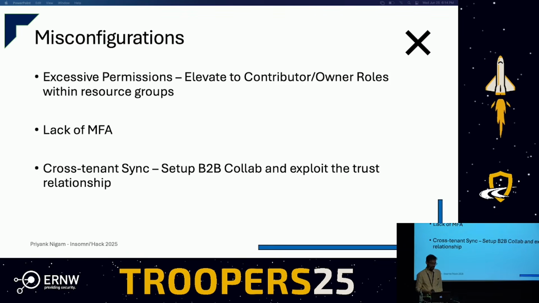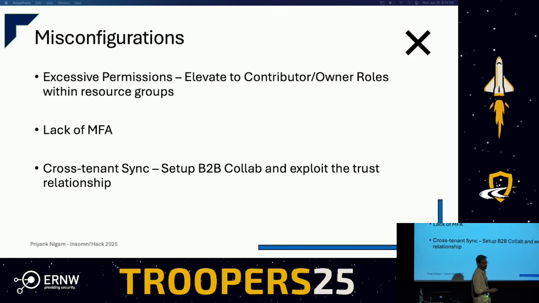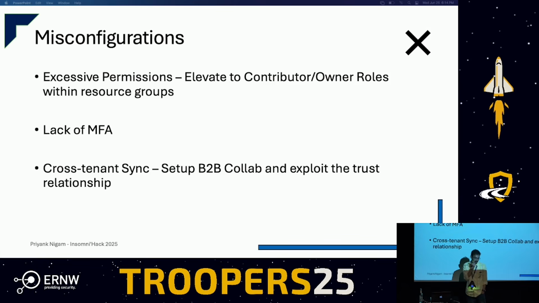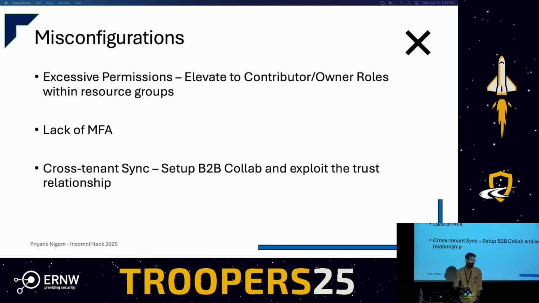And this is very interesting, which we are seeing more and more: cross-tenant sync, which is basically setting up B2B collaboration. An attacker, once they gain a foothold in your network, would probably try to set up a B2B sync.